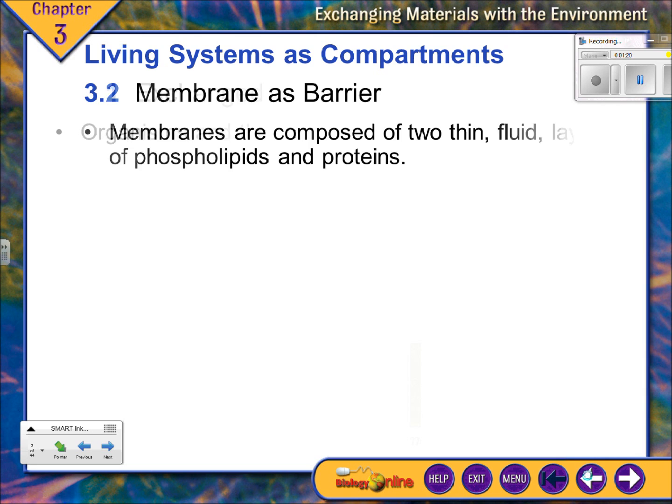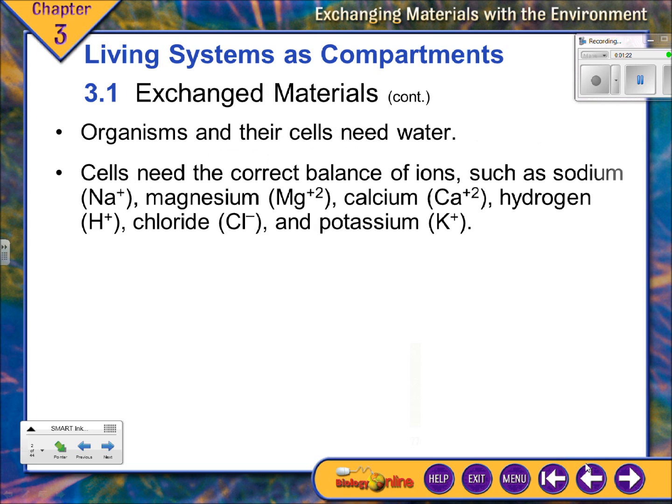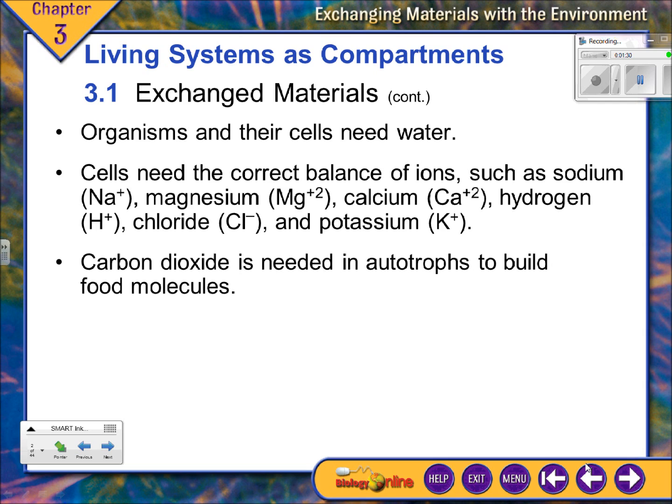Okay, so the cells need lots of stuff, right? So just a little list here, of course, water, different ions, carbon dioxide for your autotrophs, and of course we have to get rid of carbon dioxide for everything that does respiration. Sometimes we only think of the plants as doing photosynthesis and us and animals doing respiration, but plants have to do photosynthesis and respiration.